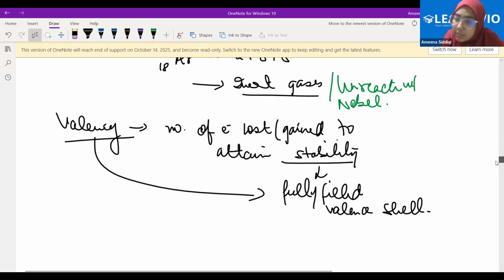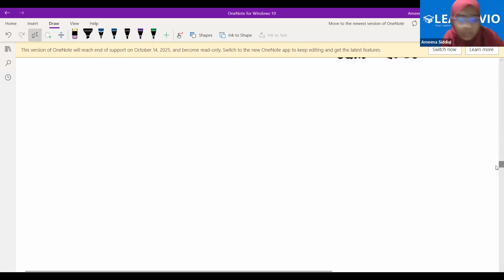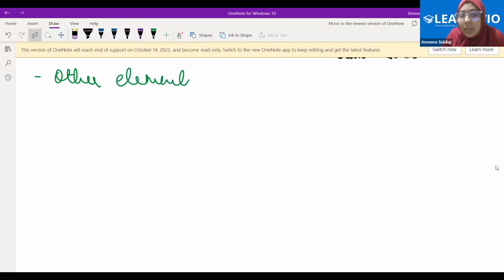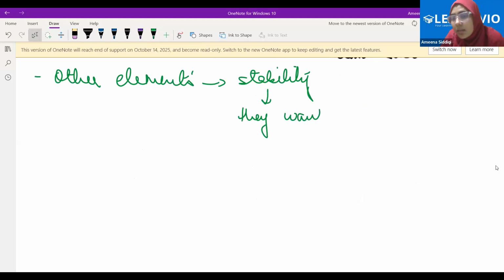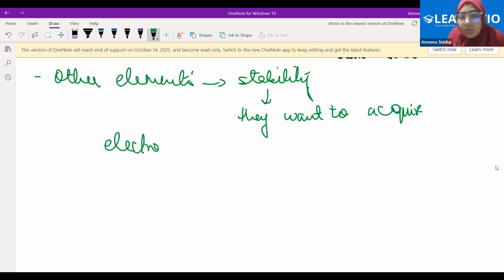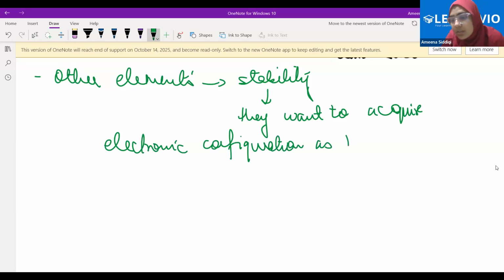Now, what is valency for other elements? Other elements want to attain the electronic configuration of the nearest noble gas.